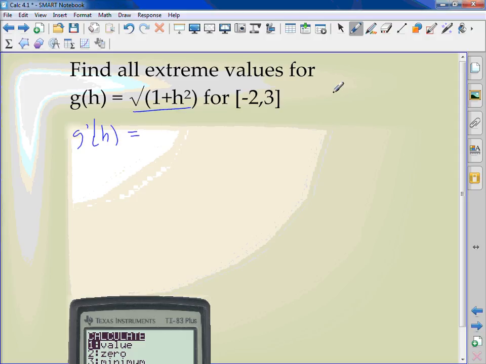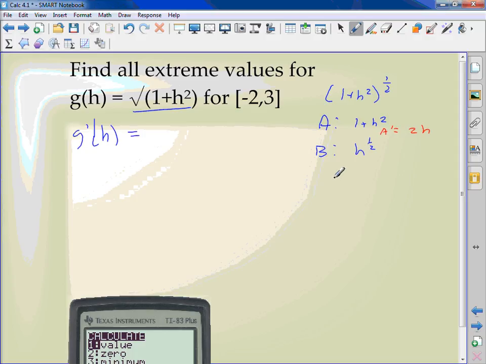This right here really means 1 plus h squared to the 1/2. So I have a chain rule. A is going to be 1 plus h squared. B is going to be h to the 1/2. The derivative here is just 2h.